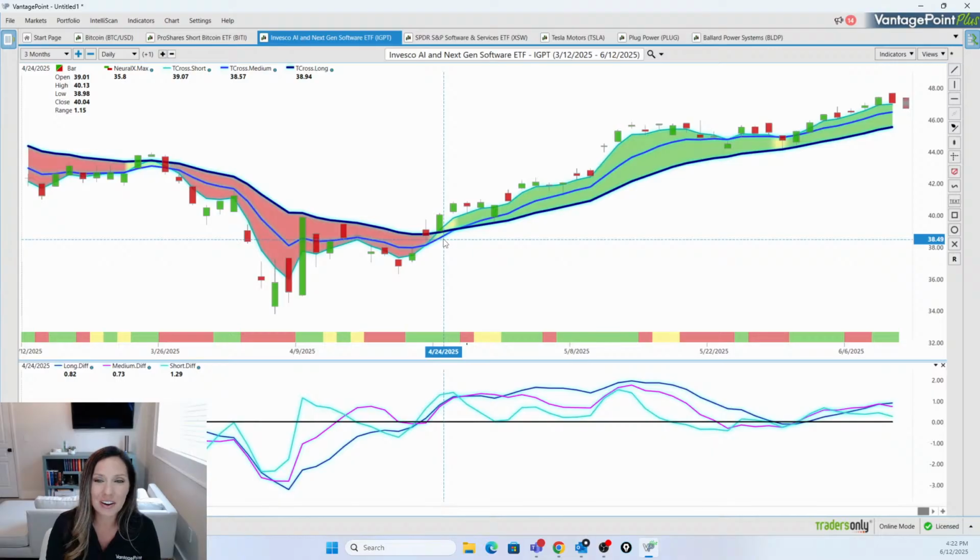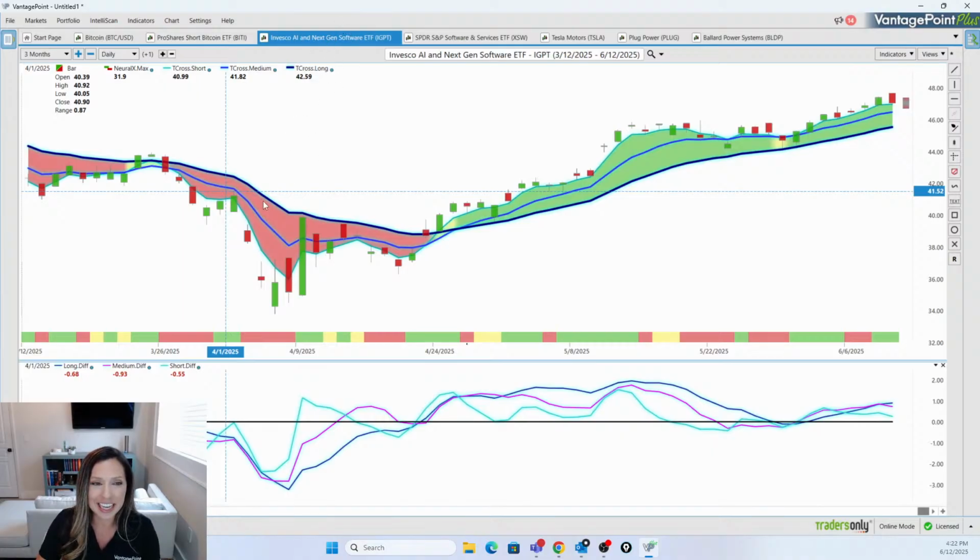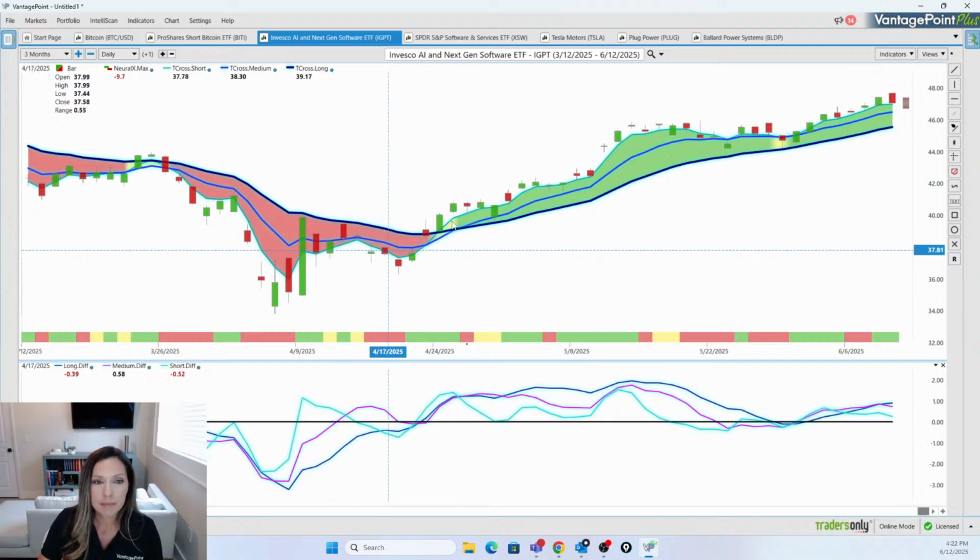So with the artificial intelligence here in VantagePoint, we can actually track the AI ETF. And as you see, we have bearishness when that's red. Yellow is sort of a hang on, caution, kind of like a stoplight, right? You just slow. And then green is go. We're hitting on the accelerator. All right, simple as that.